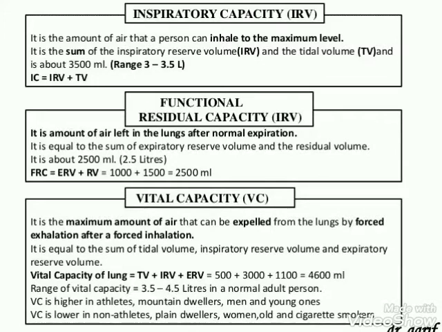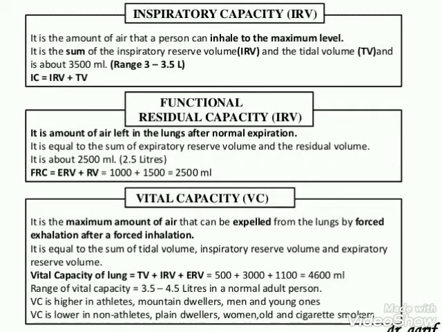Another is functional residual capacity, FRC. It is the amount of air left in the lungs after normal expiration. It is equal to the sum of expiratory reserve volume and residual volume, about 2500 ml or 2.5 liters. So FRC is equal to ERV plus RV, that is about 2500 ml.